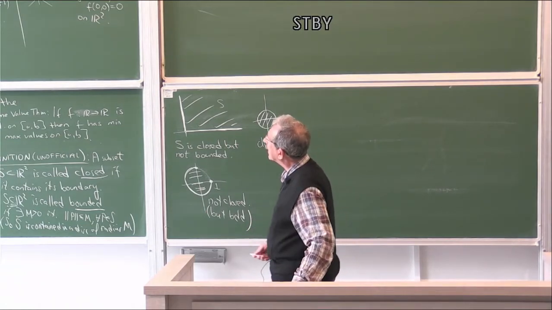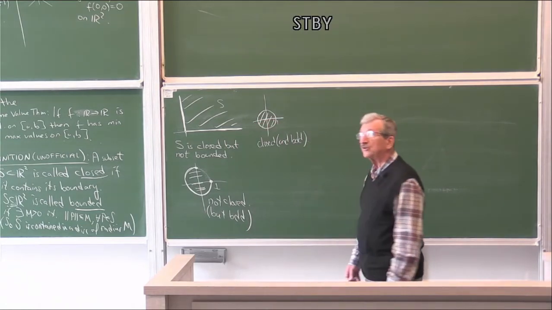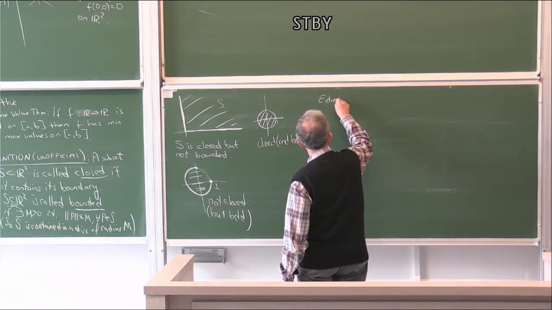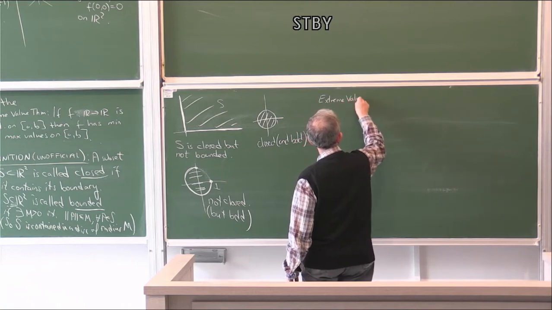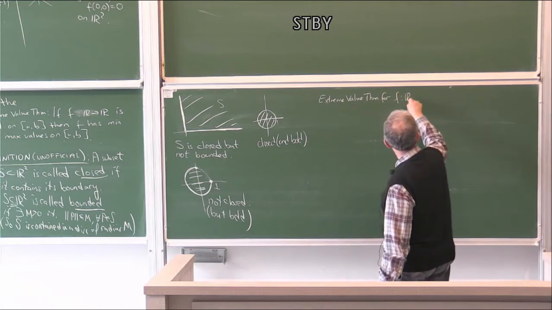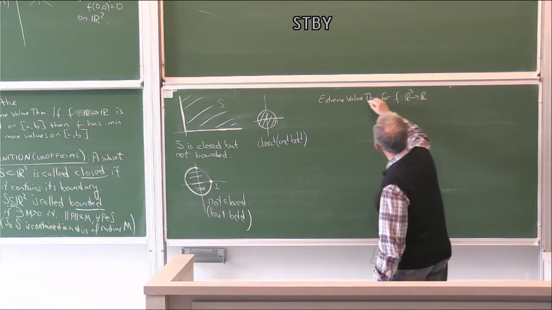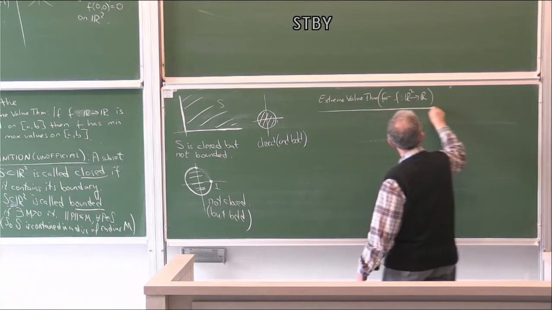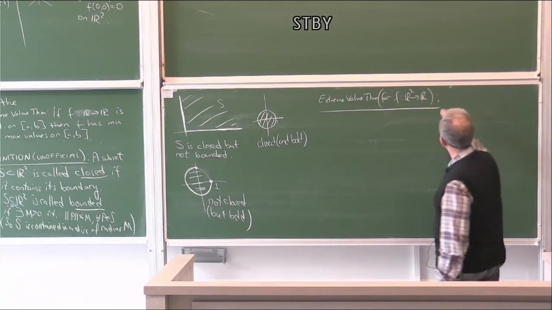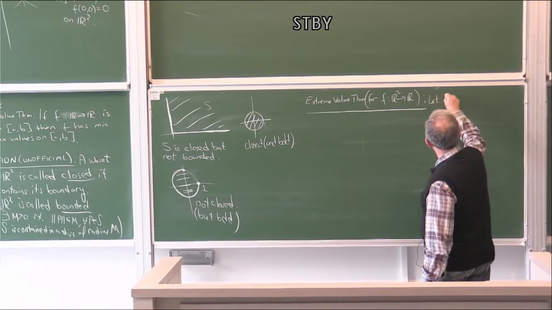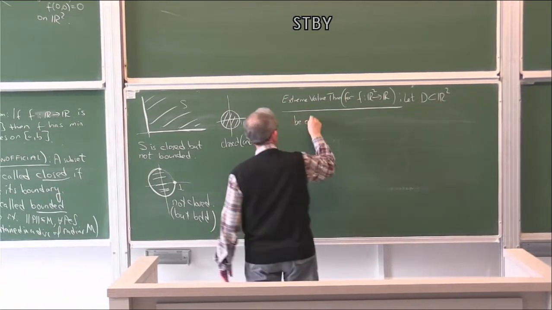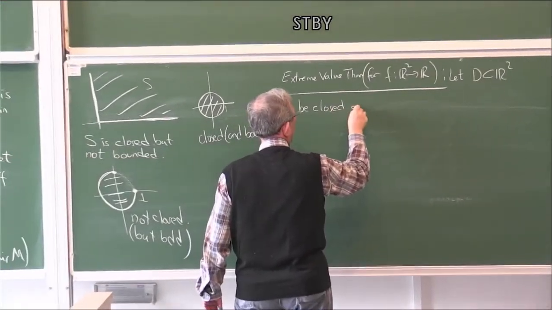So the extreme value theorem, or rather its generalization for a function of two variables, which we will just state without proof, says that let D in R2 be closed and bounded.